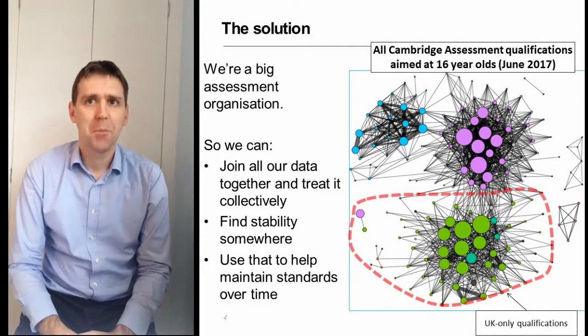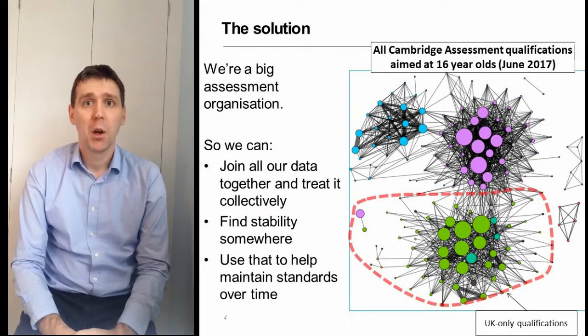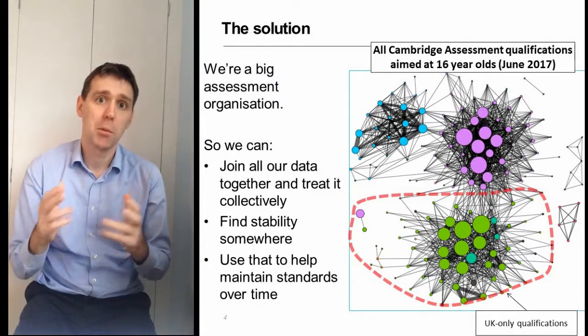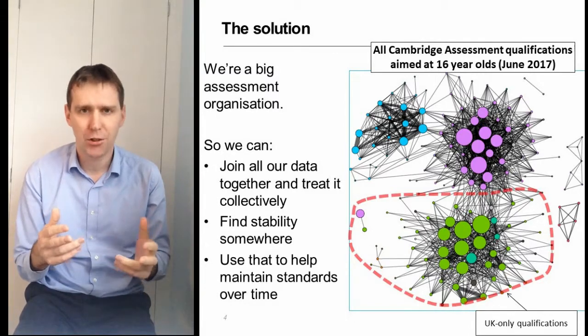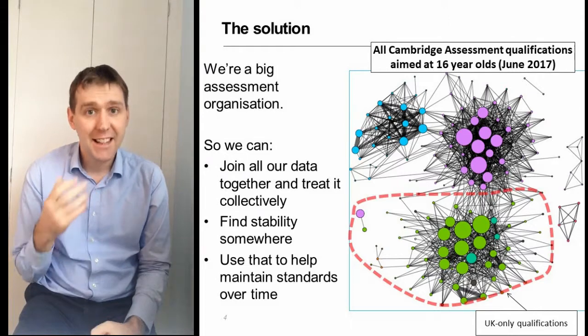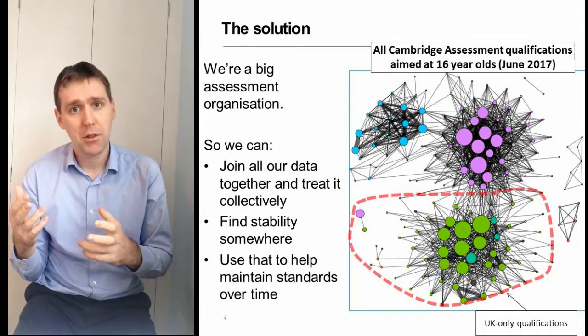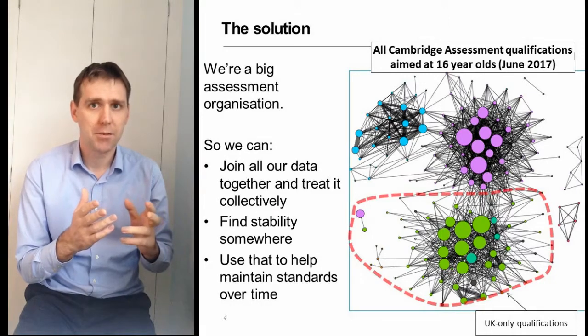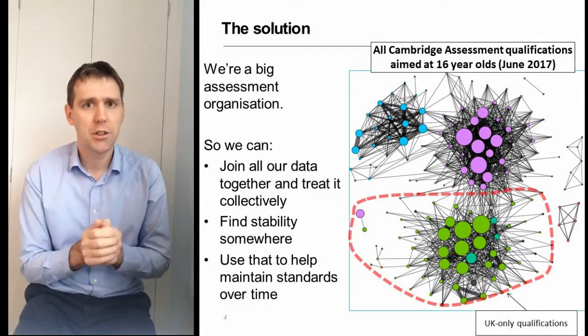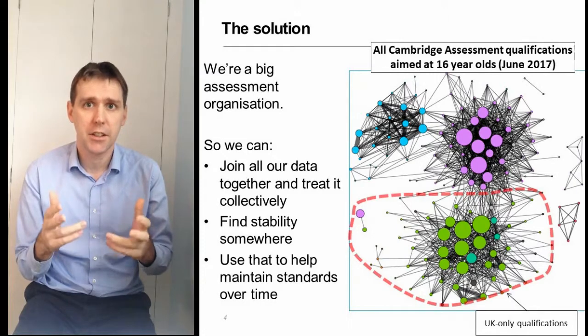For example, some people taking a biology assessment will also be taking history. Some people taking maths will also be taking geography, and so on. And this linked data from one subject can tell us something about the students taking another subject. In fact, on average, each assessment is linked to 16 others.